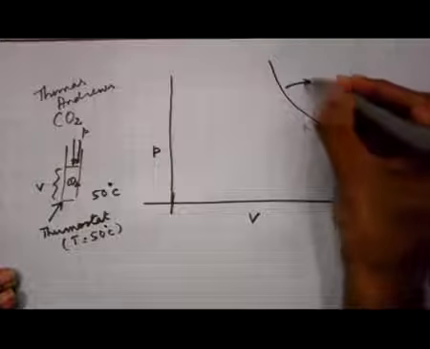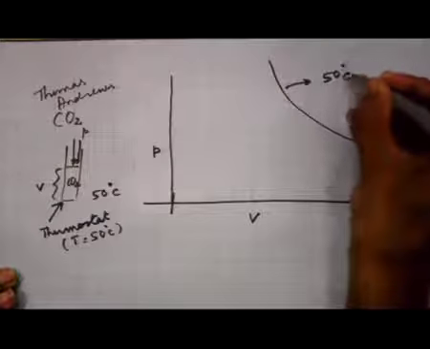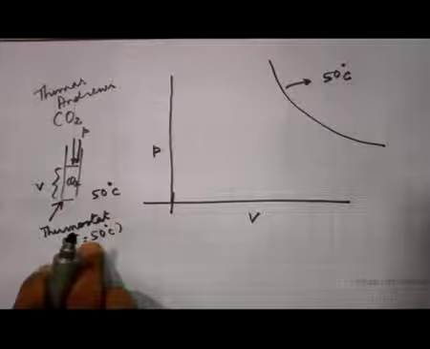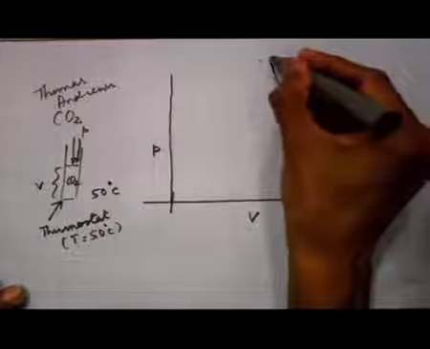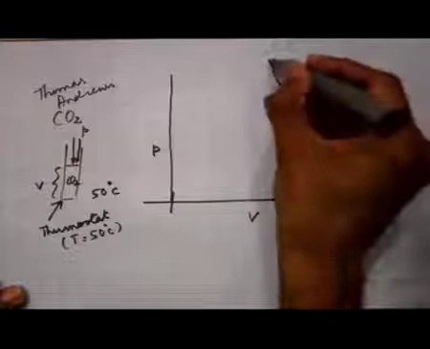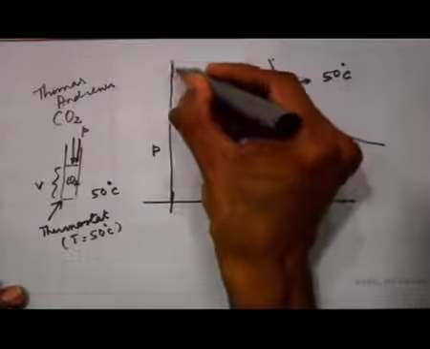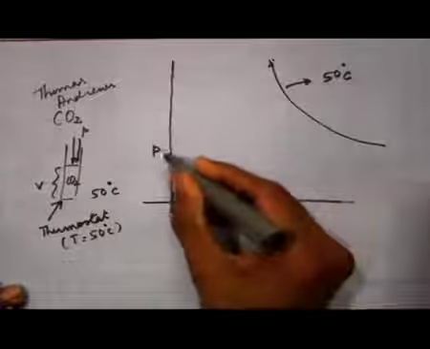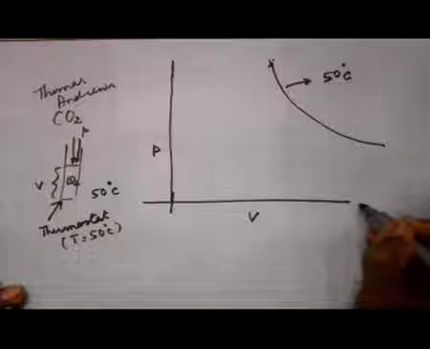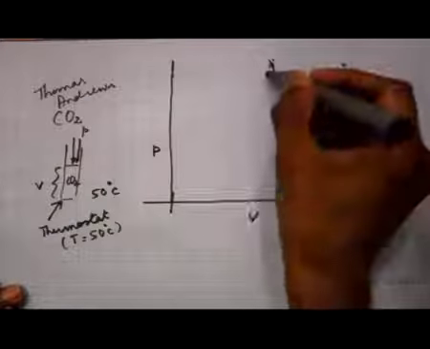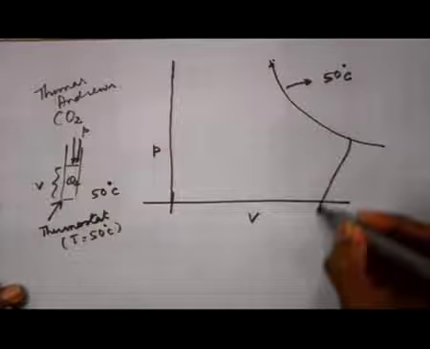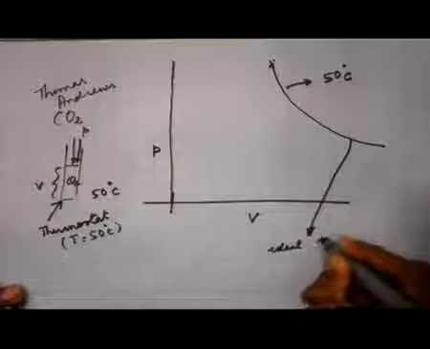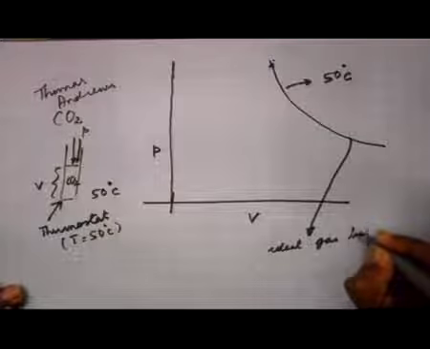This is at 50 degrees Celsius, and you do the same experiment for varying values of the temperature. Imagine you did this experiment in your lab: at this particular pressure you measure this volume, and so on. At low pressures the volume is high, and at high pressures the volume is low, and this looks more or less like ideal gas behavior.